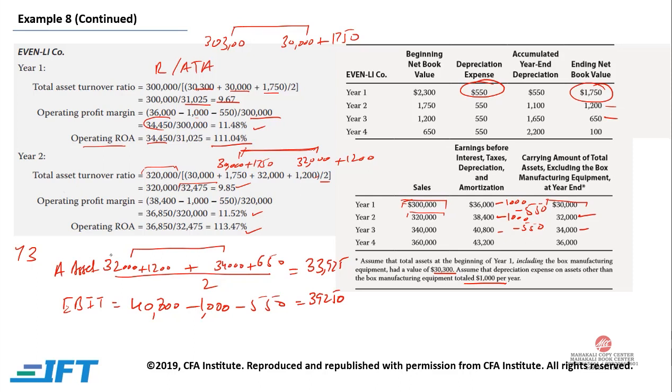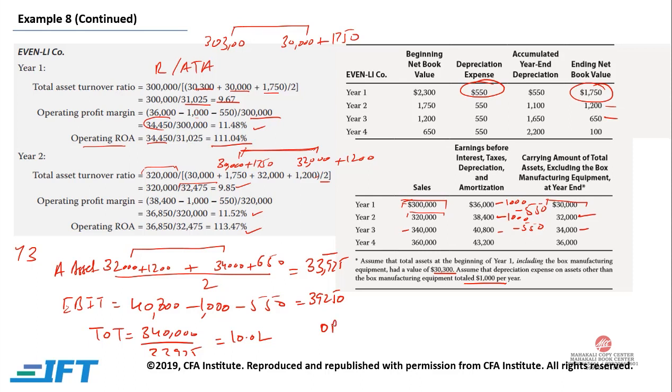Now our total asset turnover would be revenue, that is 340,000, divided by average total assets, that is 33,925, and that is 10.02.